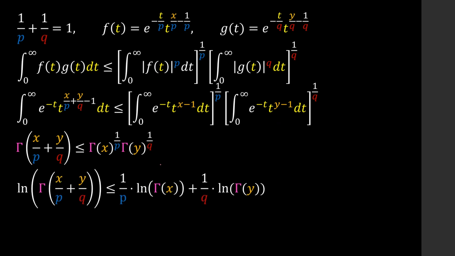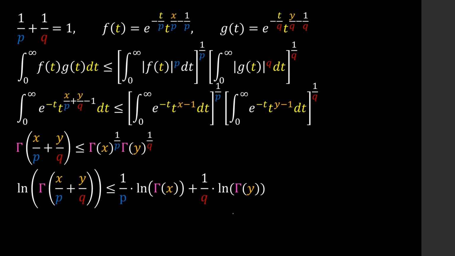And so now if I take the log of both sides, I've got the ln of this gamma function equals 1/p times the ln of gamma of x, and this is just from log properties, right? The products are going to split out into a sum, and then the powers are going to come out as a multiplication. So I've got 1/p times the log of gamma of x plus 1/q times the log of gamma of y.